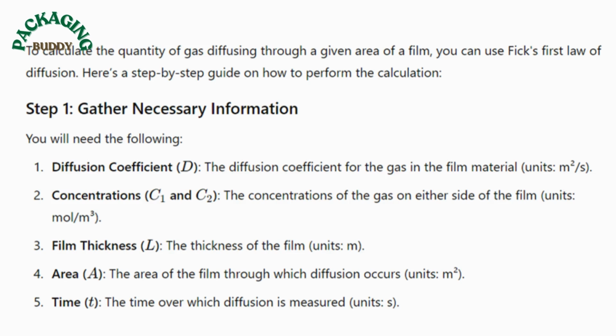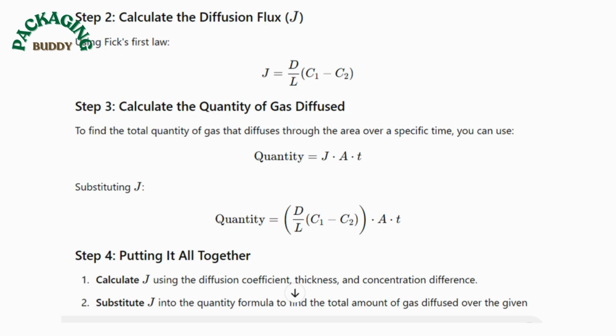Number 4, area A, the area of the film through which diffusion occurs. Here the unit is meter square. Number 5, time T, the time over which the diffusion is measured. Step 2, calculate the diffusion flux. Using Fick's law, J is equal to D divided by L multiplied by C1 minus C2.